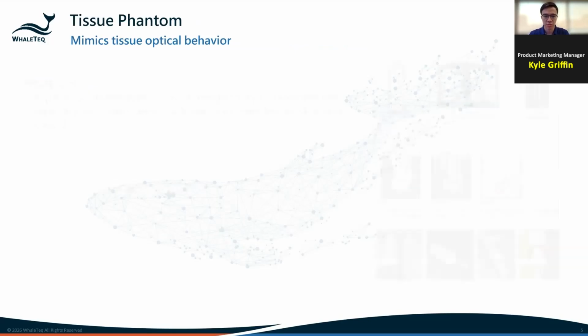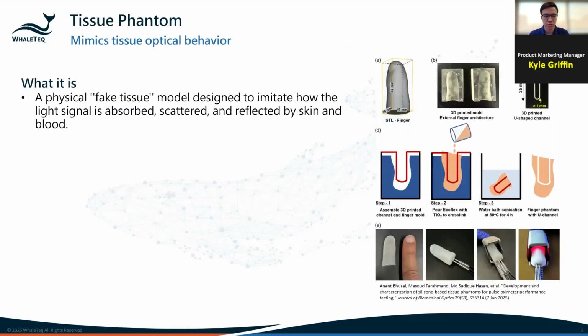Next, we have tissue phantoms. A tissue phantom is a physical fake tissue model designed to imitate how the light signal is absorbed, scattered, and reflected by skin and blood.